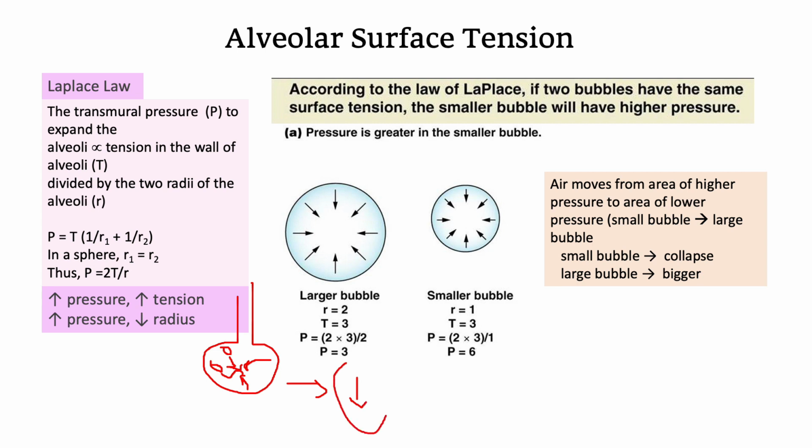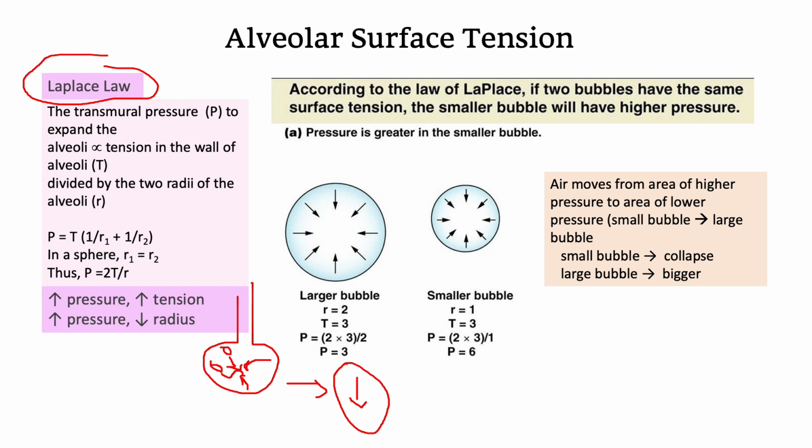We don't want the radius to decrease. Why? Now I will introduce you to Laplace's law. It says that pressure is directly proportional to the tension, and inversely proportional to the radius.